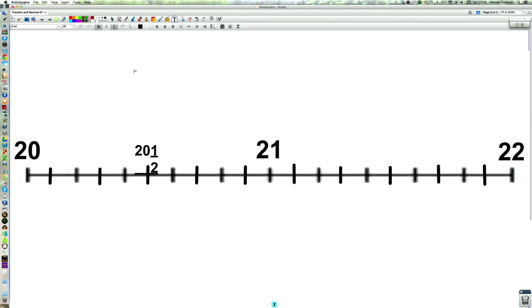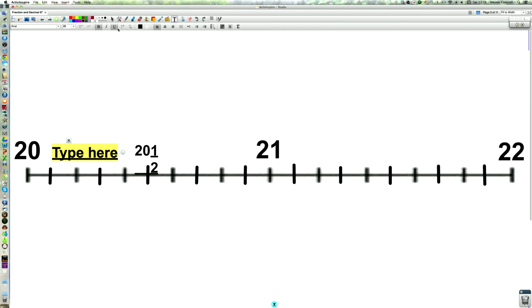Now, what would be the tenths in between here? If each one of these is a tenth, this is 1/10, 2/10, 3/10, 4/10. What would this one here be? I'm just going to try to write it with a pen here.